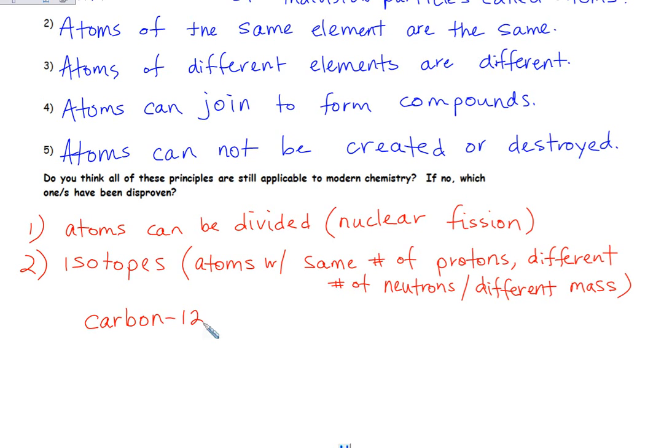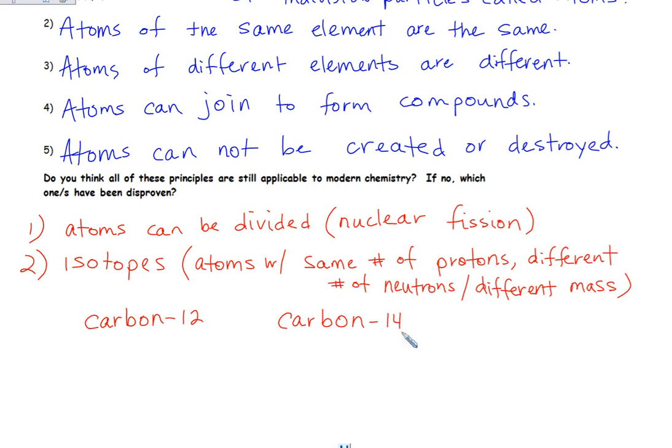There are other forms of carbon that are not as stable. For example, maybe you've heard of carbon-14. That's the one that's radioactive. It's used in carbon dating. We can look at the amount of decay in a sample to try to figure out how old it might be.